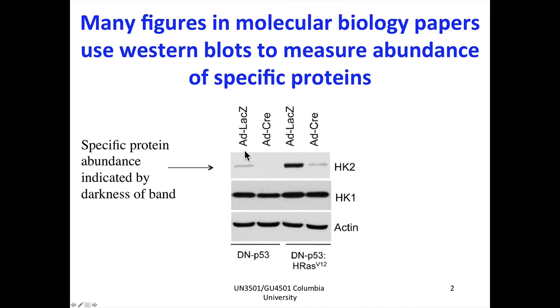So if we look at the first column here, what's happening? We see there's one treatment condition and a certain low level, kind of faint band associated with hexokinase 2. That means that in these samples that were treated with the LAC-Z adenovirus, they had only a small amount of hexokinase 2, the amount indicated by this faint band.